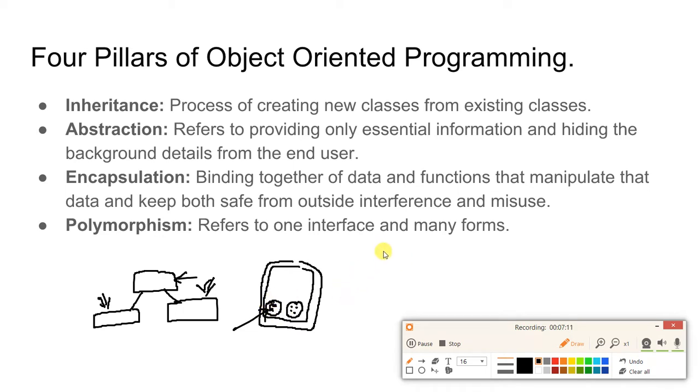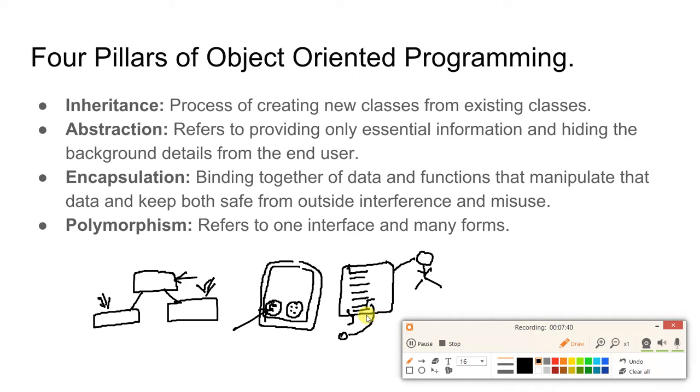Similarly, abstraction is a very popular feature in C++. Suppose you design a class, a program, and in this program you write thousands of lines of complex code, and then you ship this code to some end user. The end user can create an object of the class and use the functionality defined within the class.